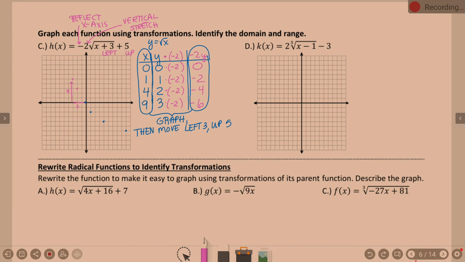Left 3, up 5. Make these a little bit bigger. And left 3, up 5. So I'm counting from where my blue dots are, and those are my new pink dots. That's my final graph there. We did the reflection, the stretch by multiplying by negative 2, and then we did our movements by hand.